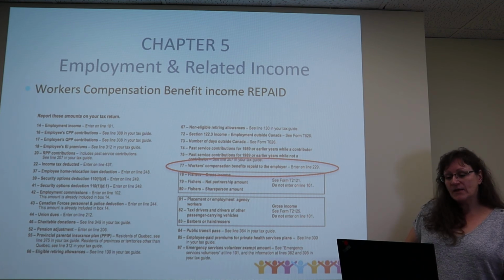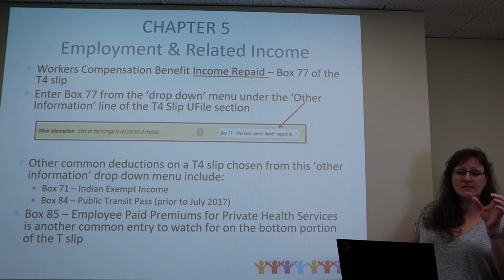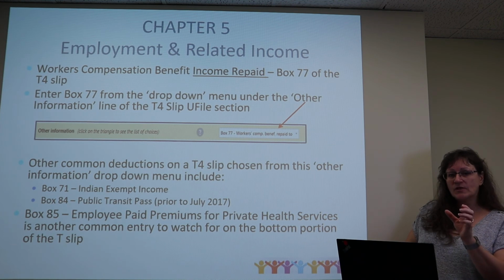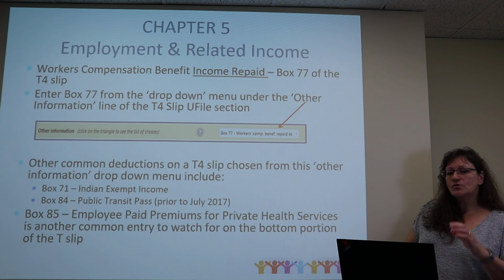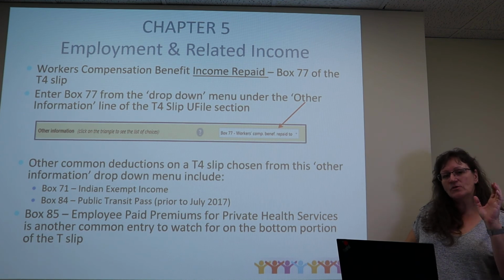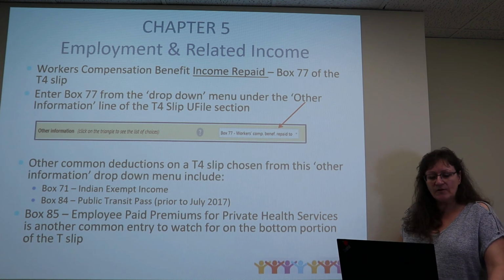And where we find that information is in the usual place on a T4 slip. We're going to look for the box number that says 77. But you're going to see that there isn't actually a box number that's always saying 77 like there is for box 14, total income and whatnot. So you'll scroll down to about the center of the T4 entries, and you're going to see a field that says Other Information.